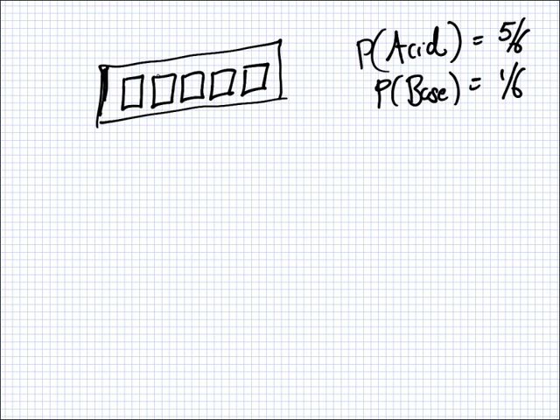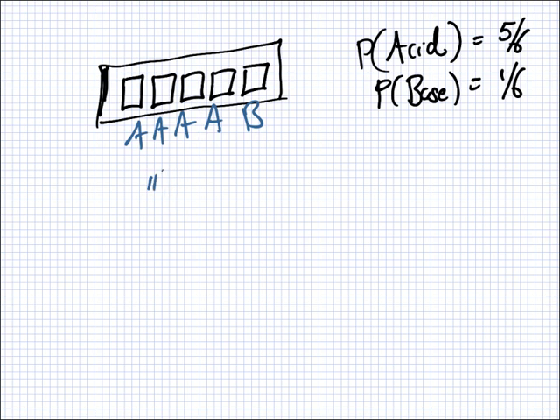And let's say in this particular experiment you want to get at least 4 of these to be an acid, to be a success. So if you get 4 acids as an example, or 5, we'll call that a success.